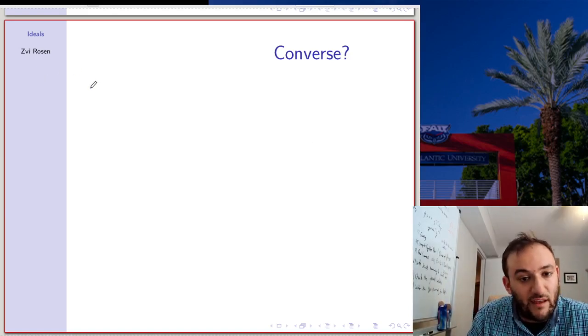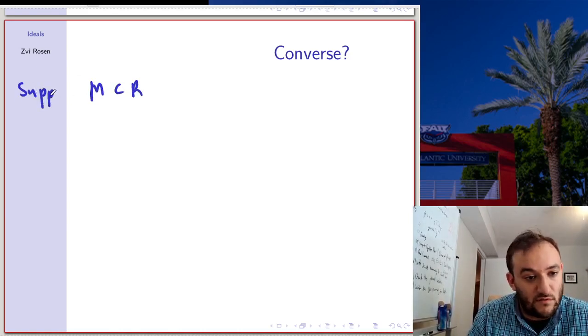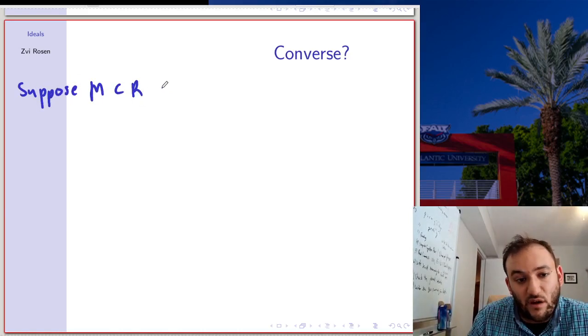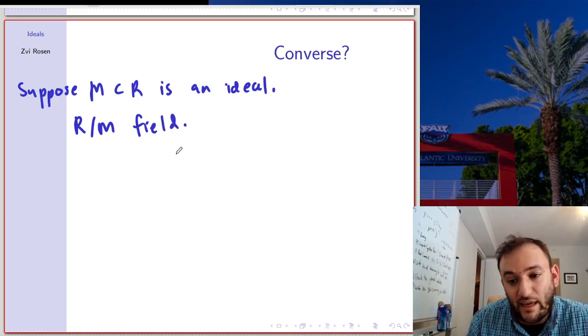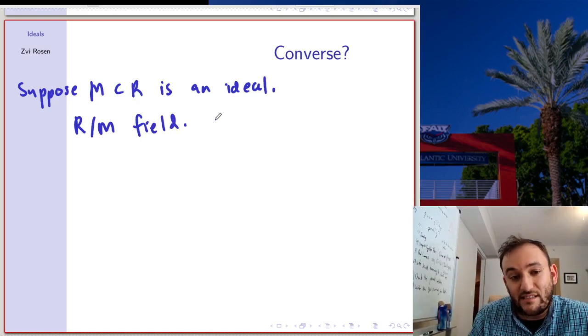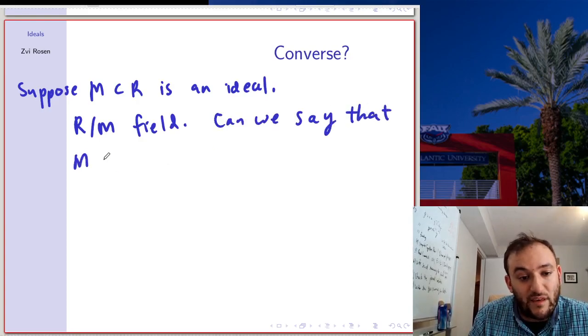But what if we know that M in R is an ideal, and we know that R mod M is a field, is that sufficient evidence to say that M is a maximal ideal?